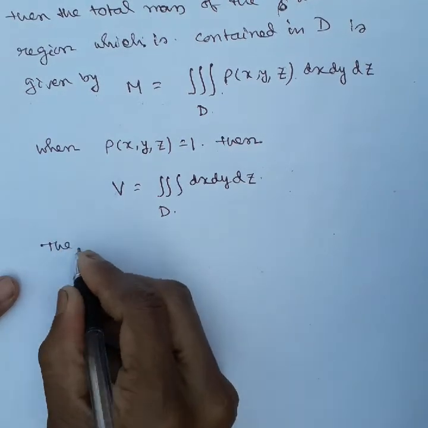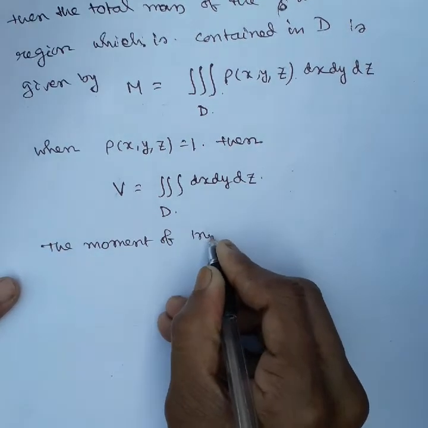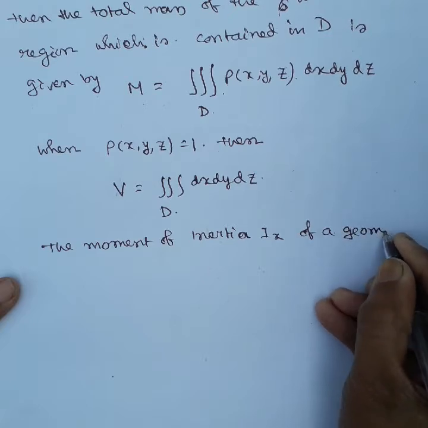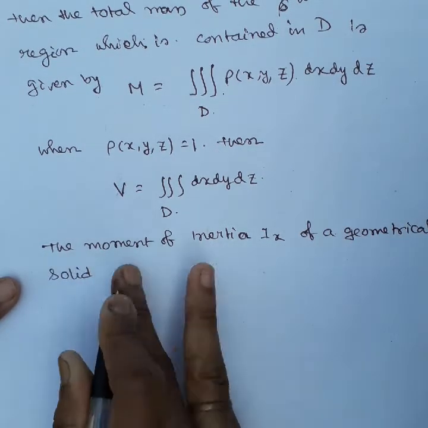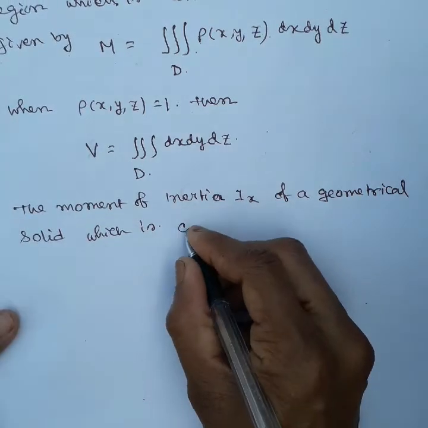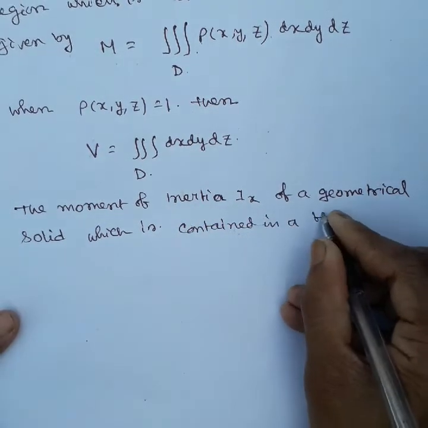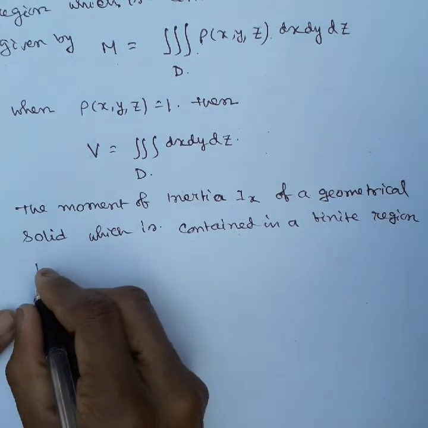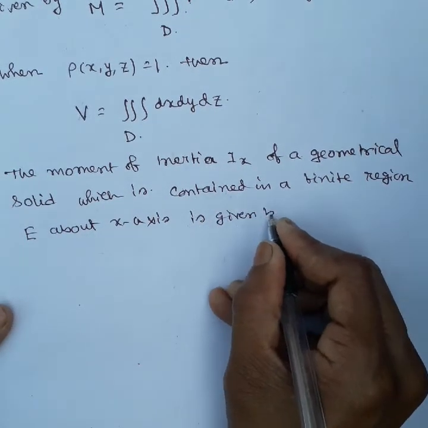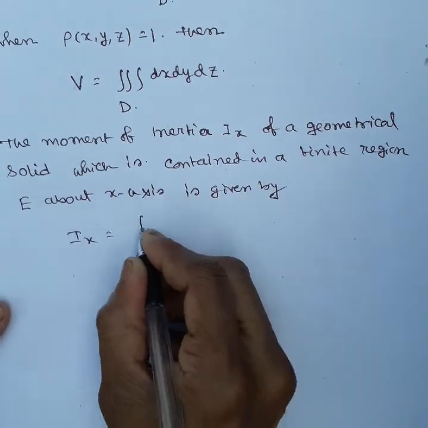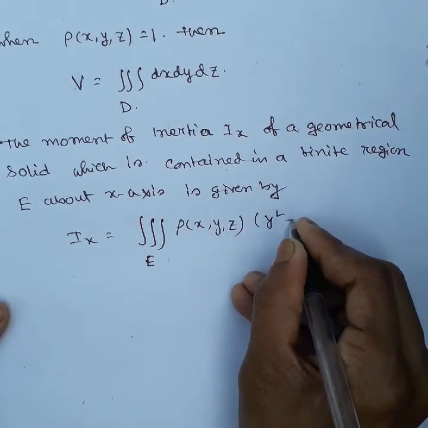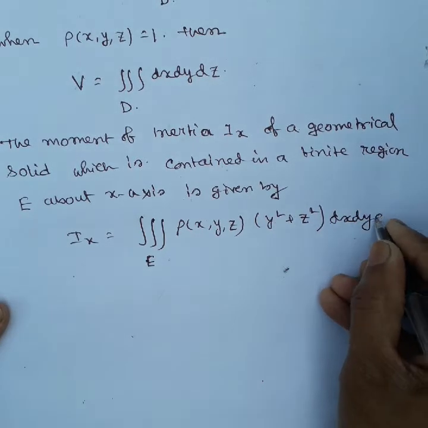Okay, and the moment of inertia Ix of a geometrical solid which is contained in a finite region E about the x-axis is given by Ix is equal to triple integration over E rho of x, y, z into (y square plus z square) dx, dy, dz.